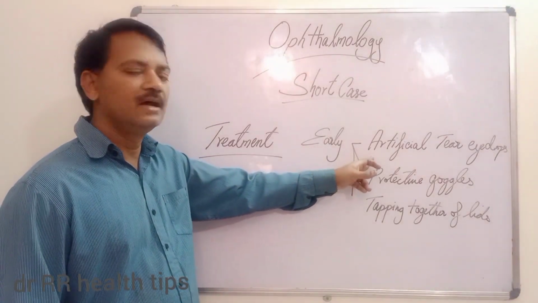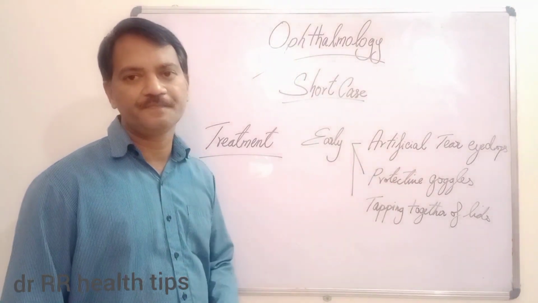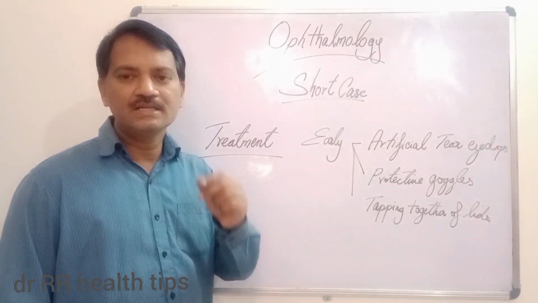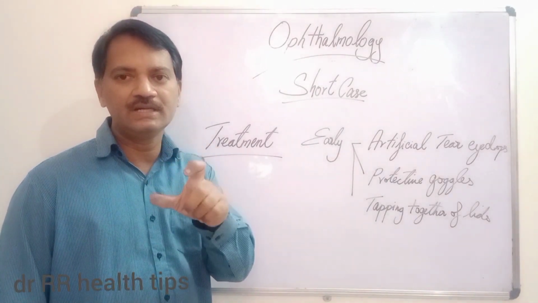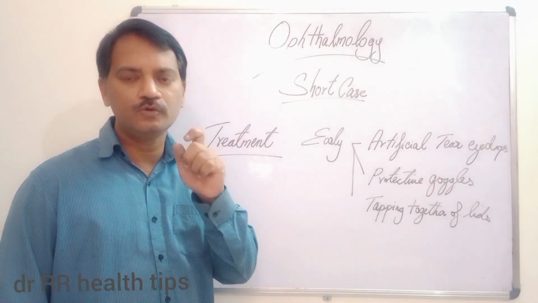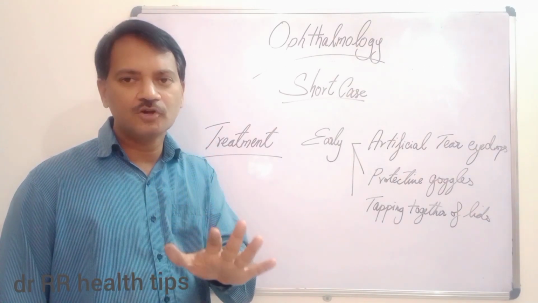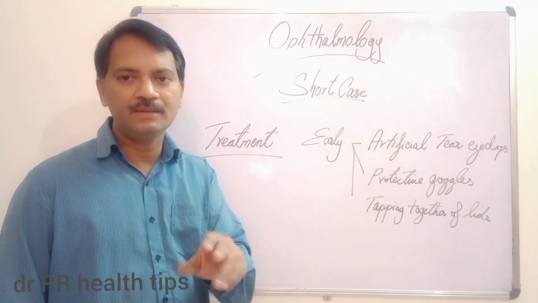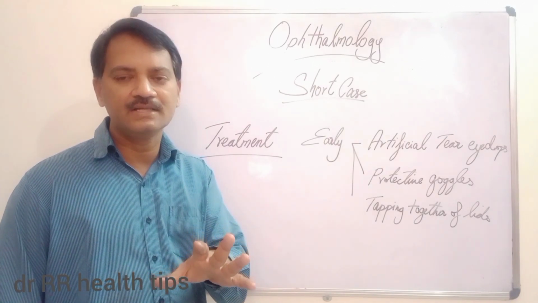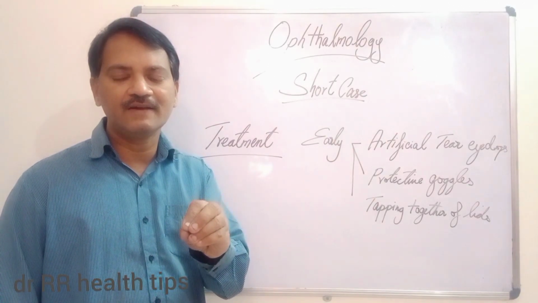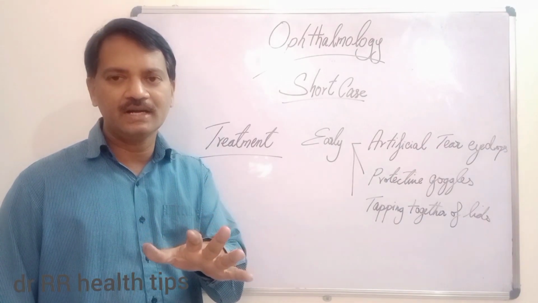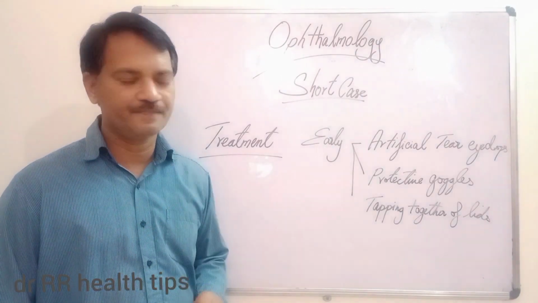One is tear substitutes. The artificial tear eye drops can be applied to the patient's eyes so that the eye does not get dried up and the patient does not have any irritation, or develop exposure keratitis or corneal ulcer.